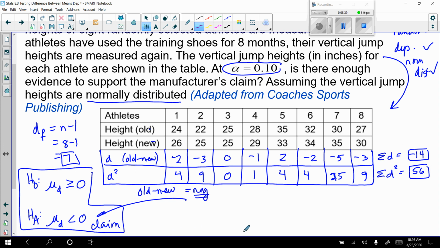That means that we're going to have a left-tailed test, and in that left tail, alpha is going to be equal to 0.10.